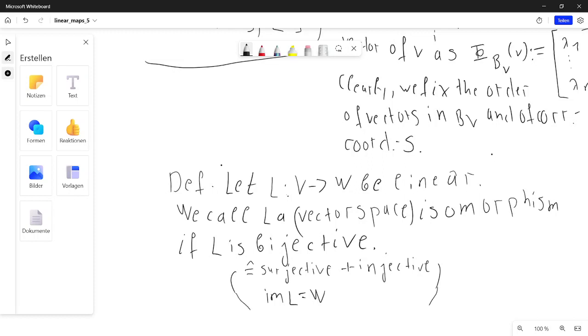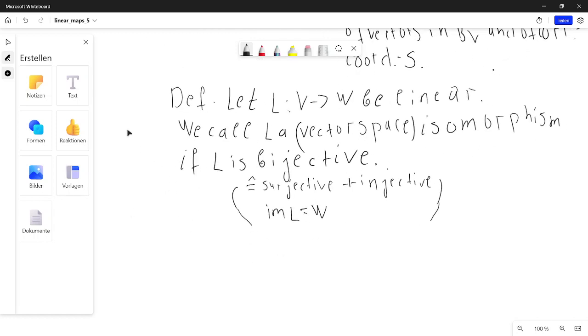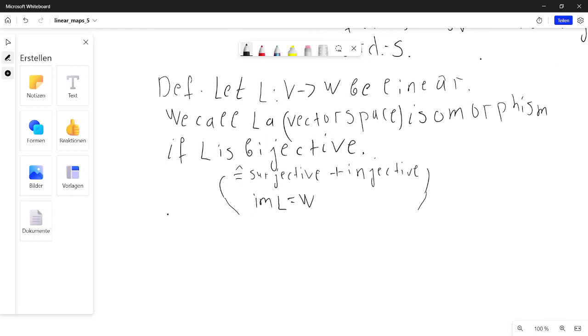So each vector is reached by the mapping of some vector in V, right?